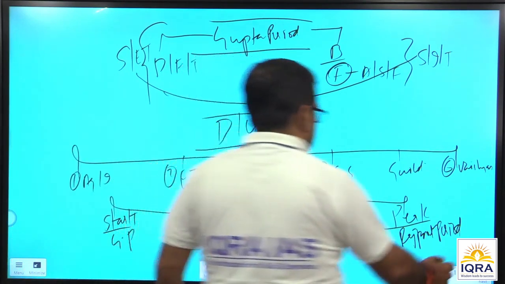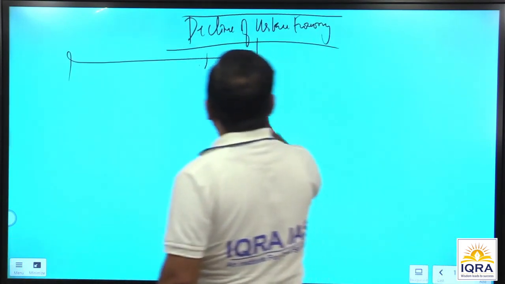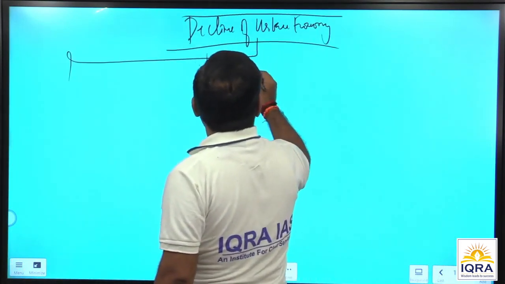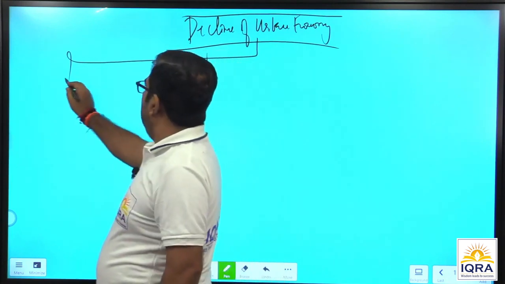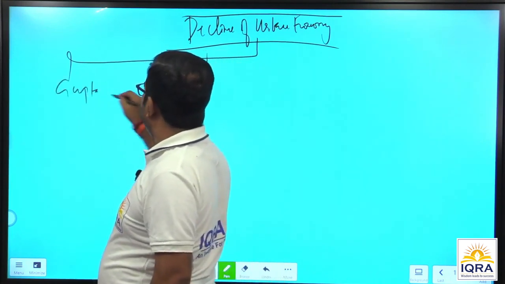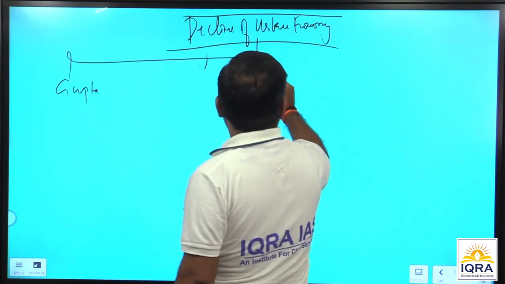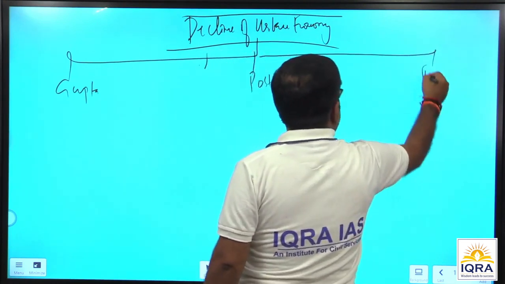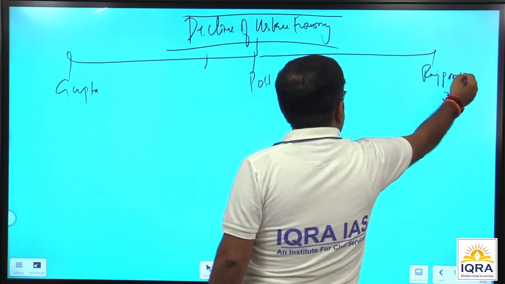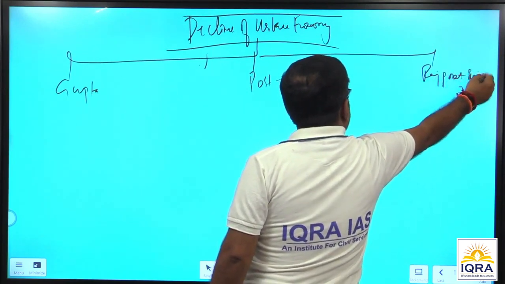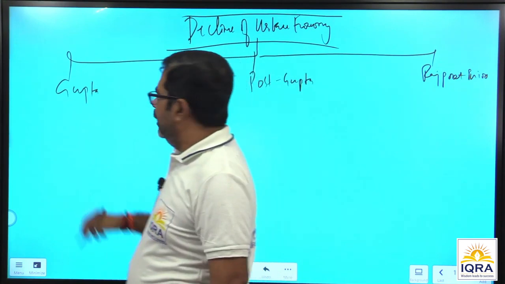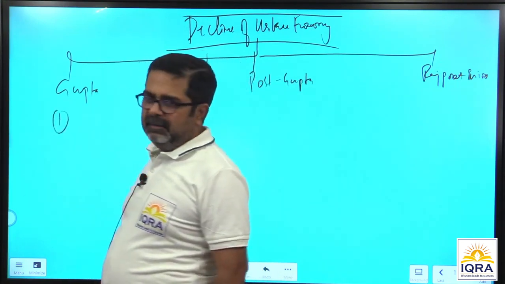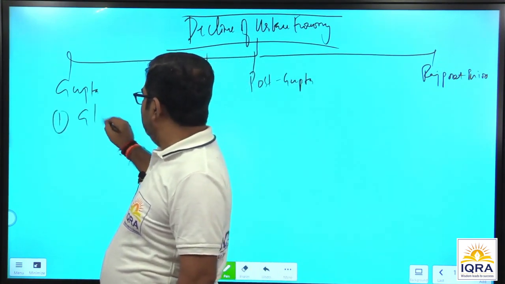Let's see what were the changes. Gupta period, post-Gupta, Rajput period. Agriculture economy, growth and development.